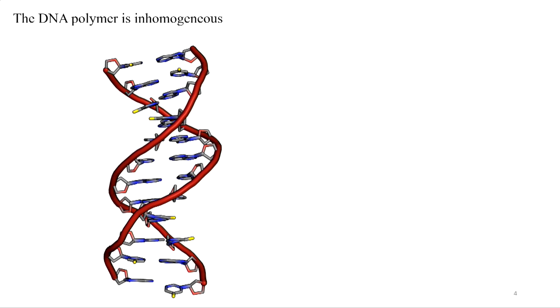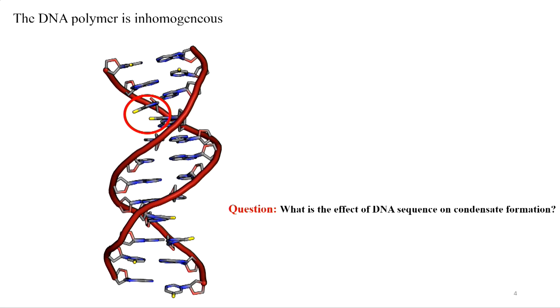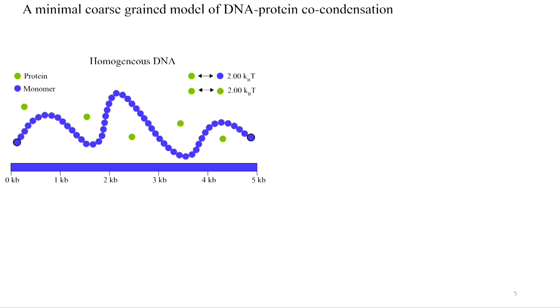Now, as we know that DNA is inhomogeneous in nature, what it means is that there are different nucleotides arranged on the DNA. And so the key question we ask is, what is the role of the DNA sequence in co-condensation? So we start with a very simple model where we have these green dots, which are proteins, and this blue thread-like structure which models the DNA.